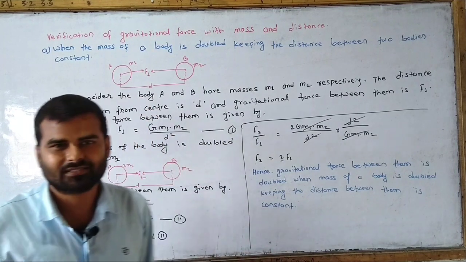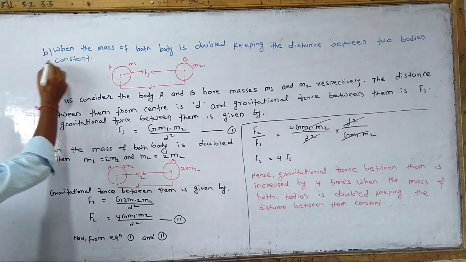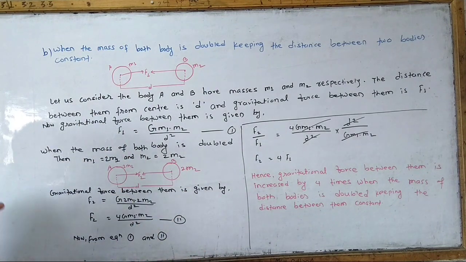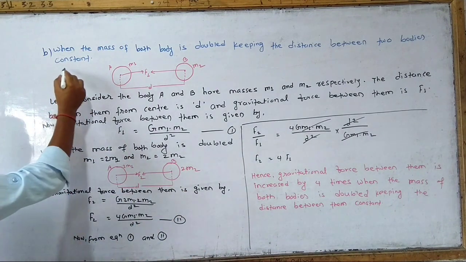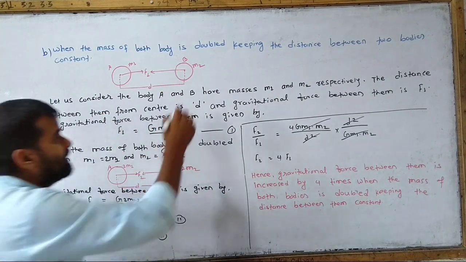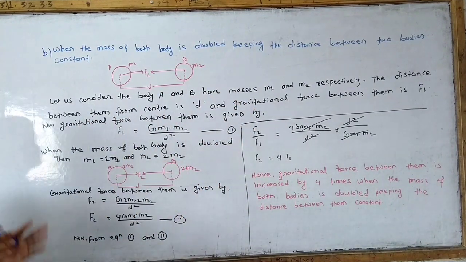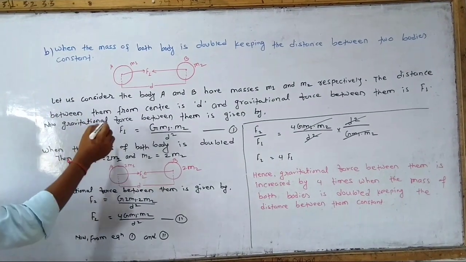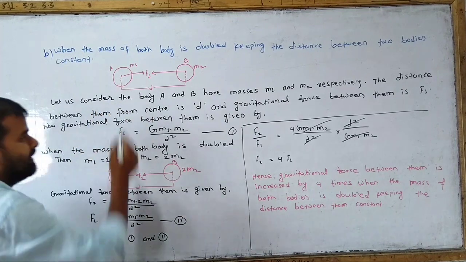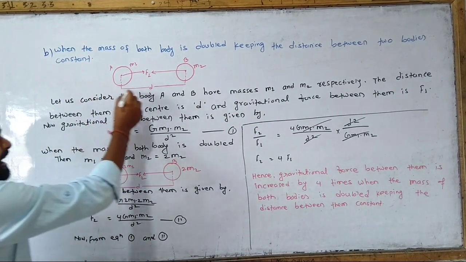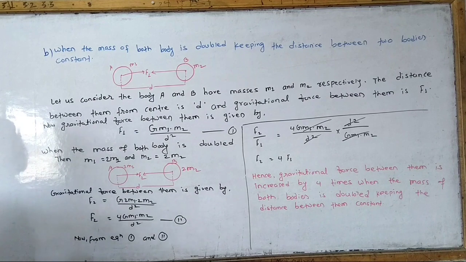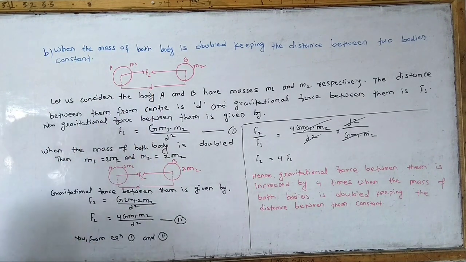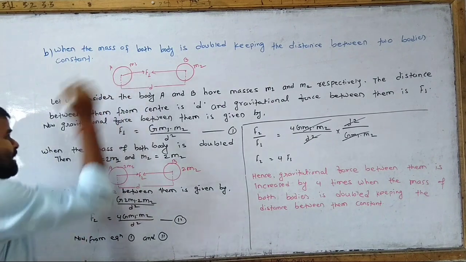Second, when the mass of both bodies is doubled. We have studied that the mass of one body is doubled; now the mass of both bodies is doubled, keeping the distance constant. Let us consider bodies A and B have masses m1 and m2. The distance between them from the center is D, and the gravitational force between them is F1.